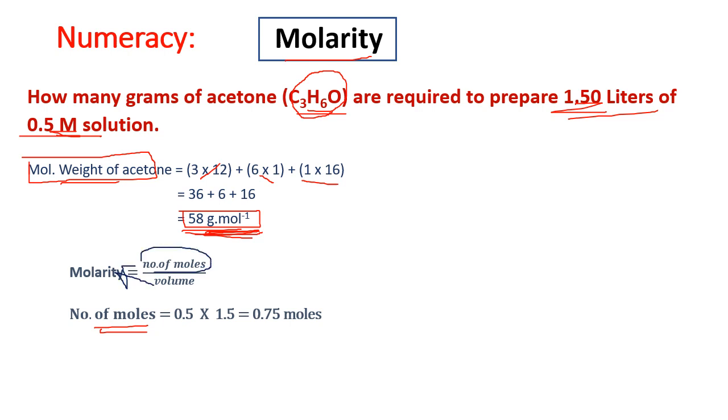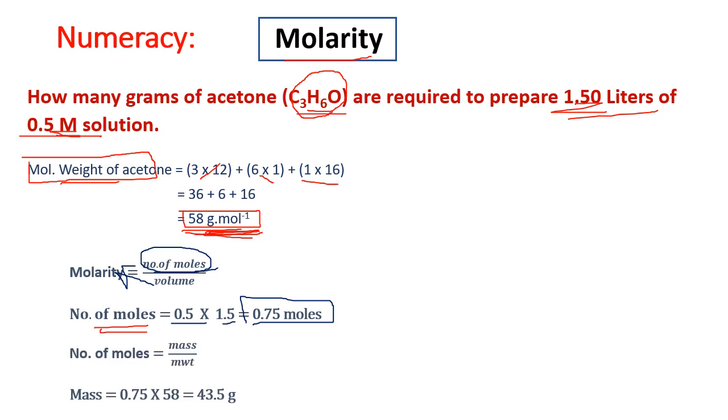So it's 0.5 times 1.5 liters, which is 0.75 moles. Next, we write the second rule: the number of moles is equal to mass over molar mass. Here, I have the number of moles and I calculated the molar mass, 58 grams per mole. So I just multiply 58 by 0.75, and then I get the mass to be 43.5 grams. Please don't forget the units.